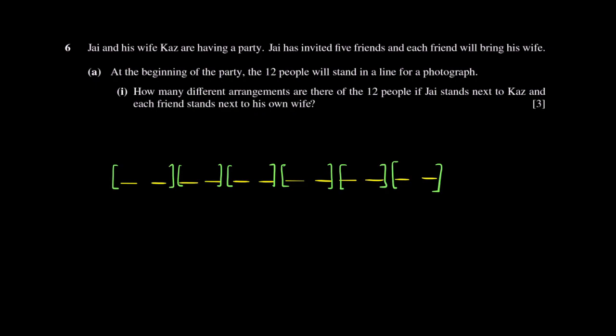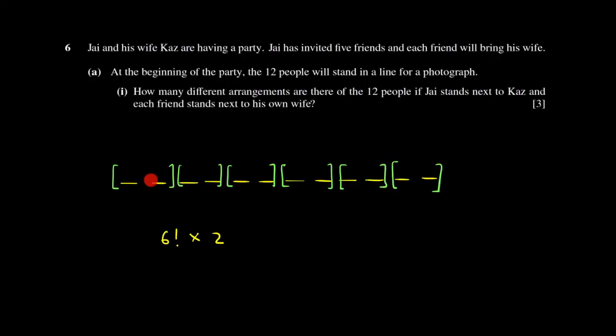So how many ways can we rearrange 6 units? That's 6 factorial, or 6P6 is the same thing. And then for each one of those arrangements, each of these couples could be arranged in 2 different ways, right? So husband and wife, or wife and husband. So that'd be times by 2. But we've got it for all of these different cases, right?